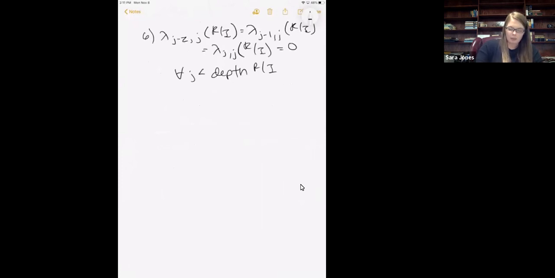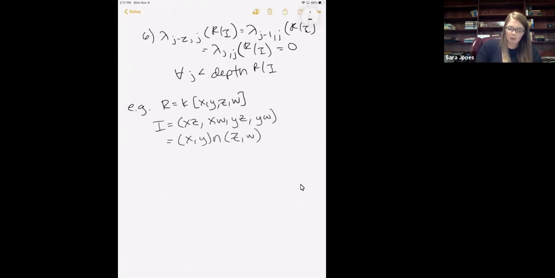So let's look at this example. We'll let R be a polynomial ring in 4 variables. And I will be the ideal generated by XZ, XW, YZ, and YW, which is actually the union of 2 planes.